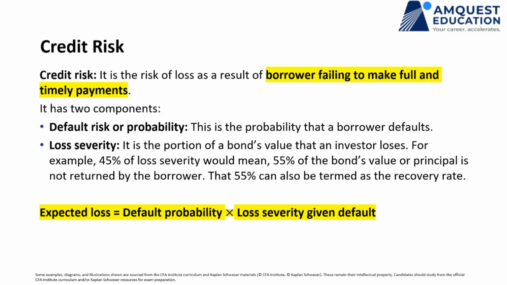All that leads to credit risk or the risk of default. Whenever you talk about credit risk, it typically has two components. One, default risk or probability, which is the probability that the borrower will default.